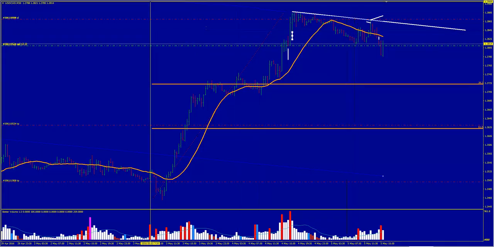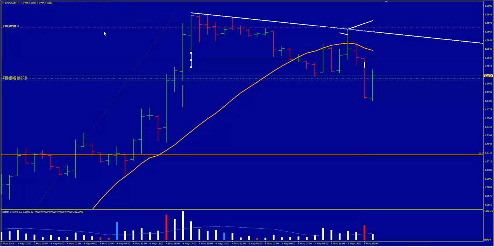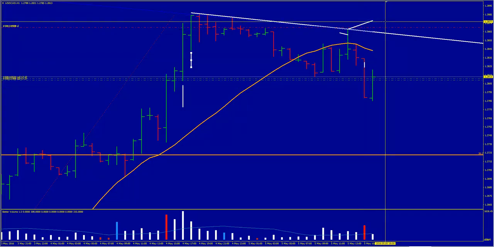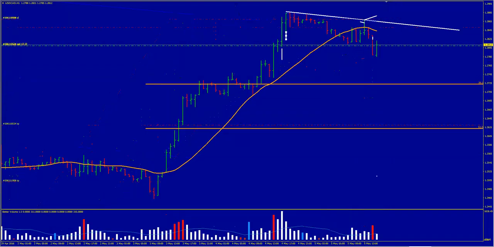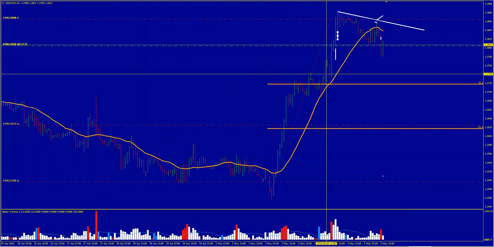So if you entered here on the 1 hour after this weakness, you will be at a better price by 20 pips, but still the stop loss will be pretty much the same, and the take profit is also pretty much the same.